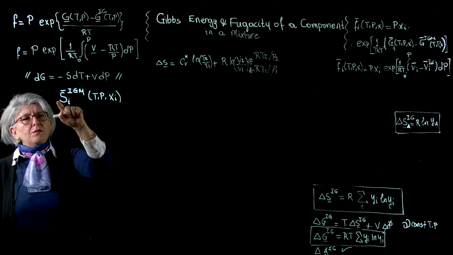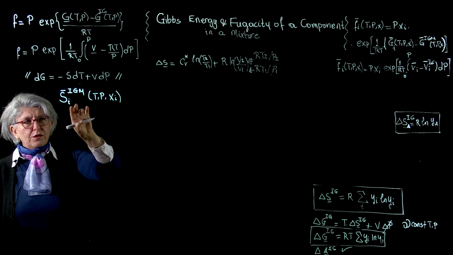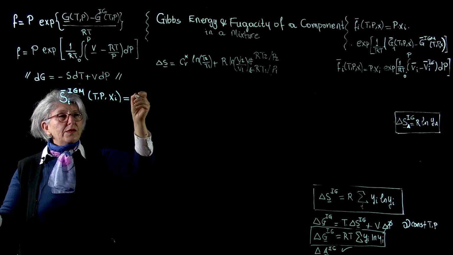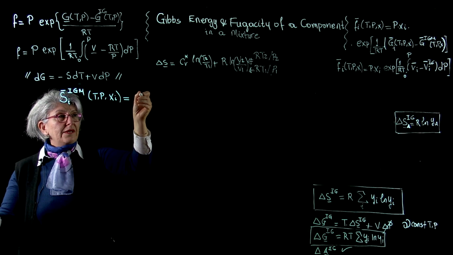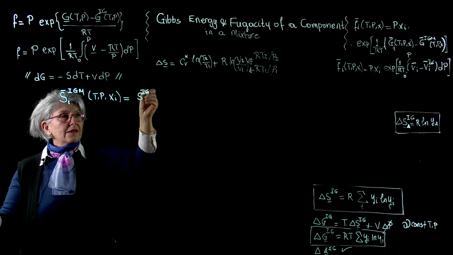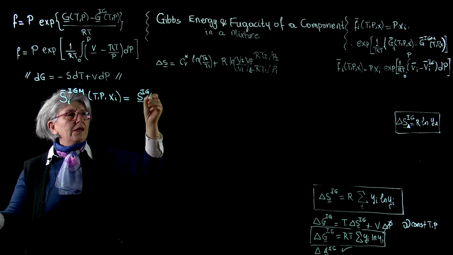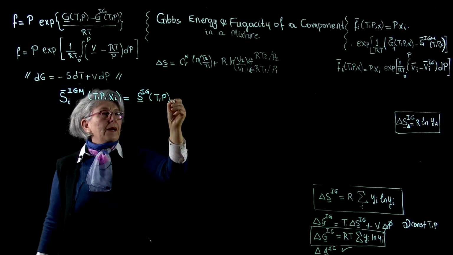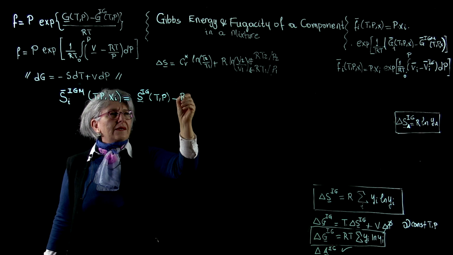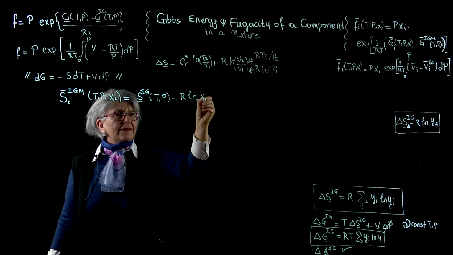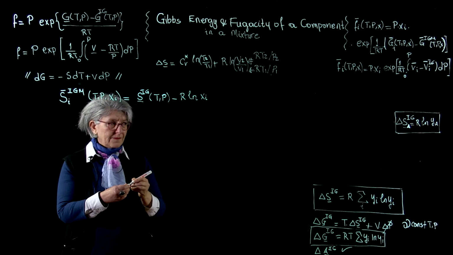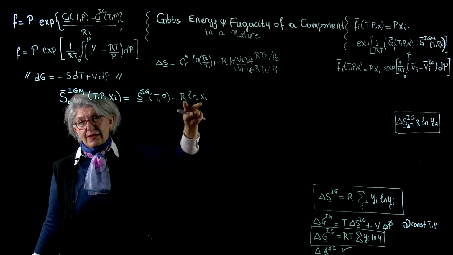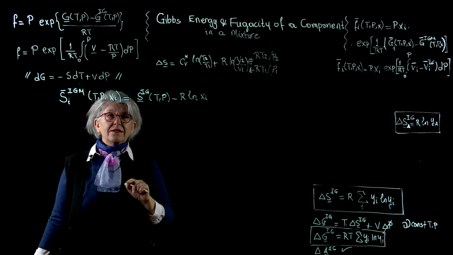The partial molar entropy of the component I in the ideal gas mixture is going to be referenced to its pure component entropy, molar entropy at the temperature T and P, minus R ln xi. This term is the entropy change that occurred upon mixing at constant temperature and pressure.